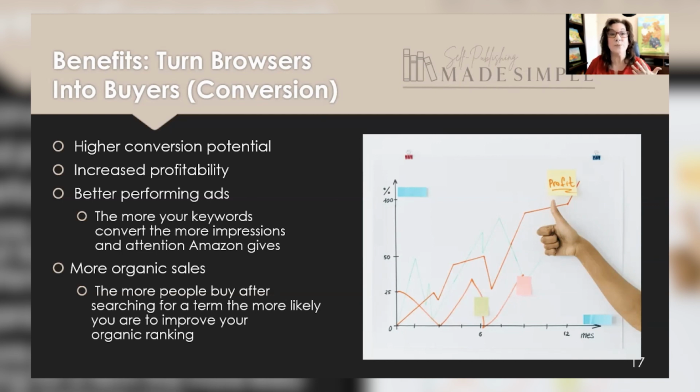You have increased profitability, better performing Amazon ads, because the more that your keywords convert, the more of an organic ranking that you end up having for those keywords, right? So it all works together in helping to get you that bestseller rank that you need and want for your book.